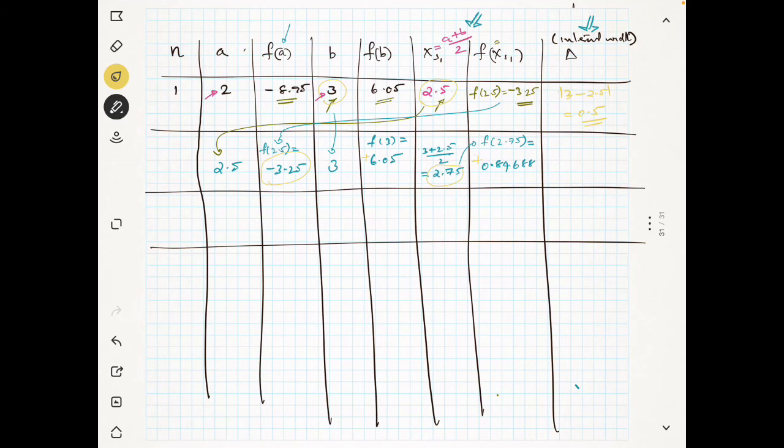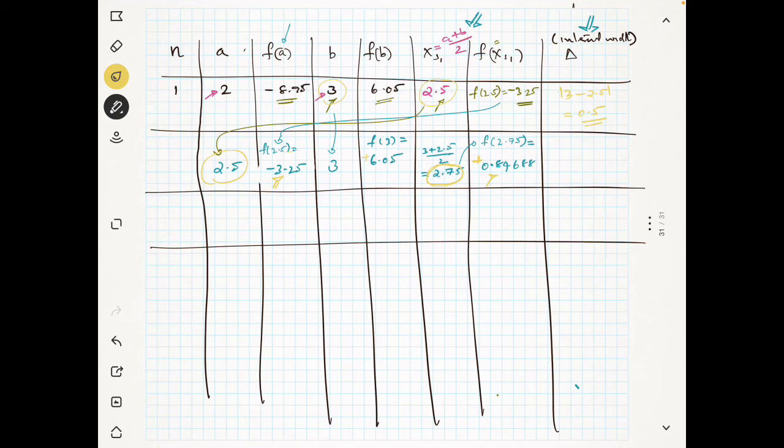This 3.25 is not an x value, it is a function value. So this is my x1, whose function value is positive, and there is one negative here. You see, this is negative and this is negative. So what is the corresponding value? I have 2.5 and the other is 2.75. So my solution is between 2.5 and 2.75.